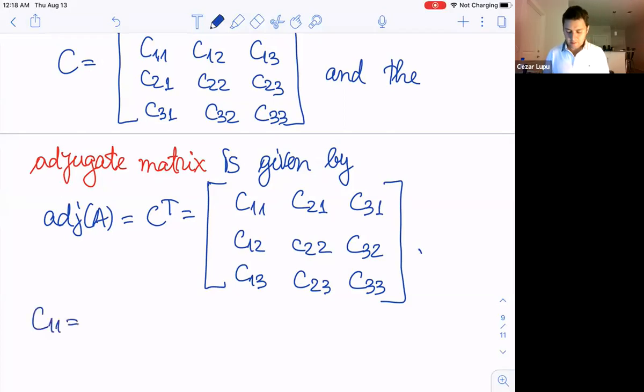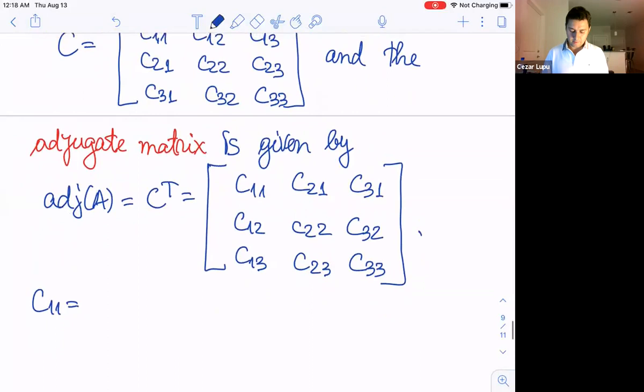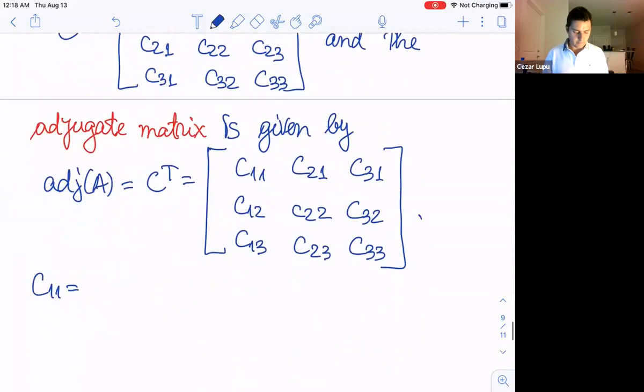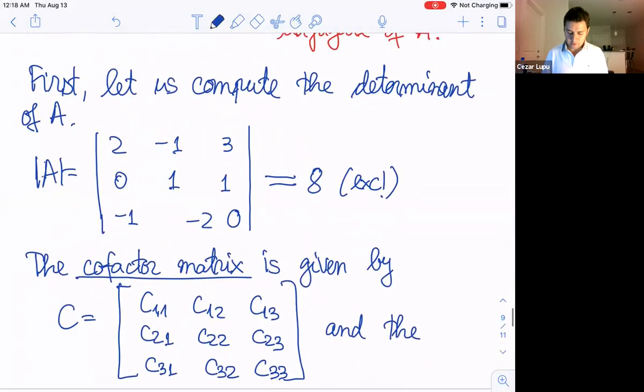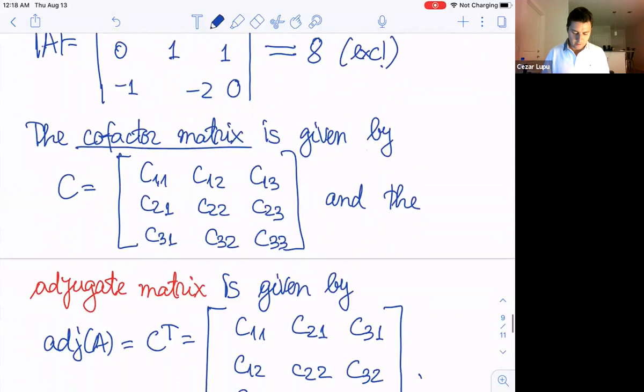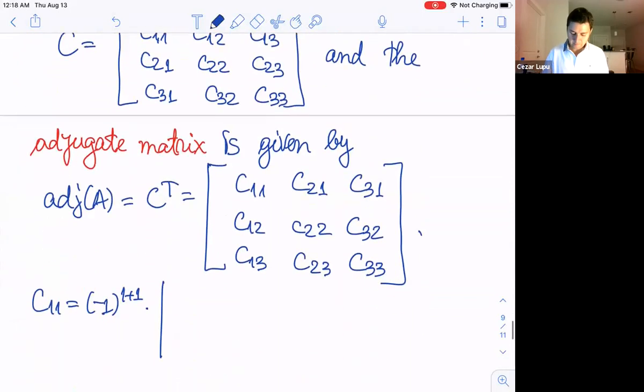C11: keep in mind that this will be negative 1 to the power 1 plus 1 times the minor. Let's look at the matrix. So it will be 1, 1, negative 2, 0.